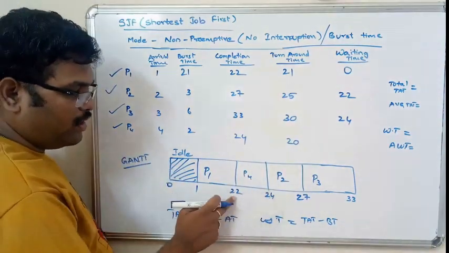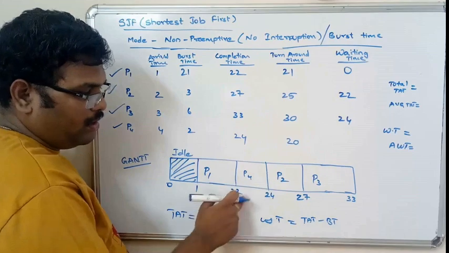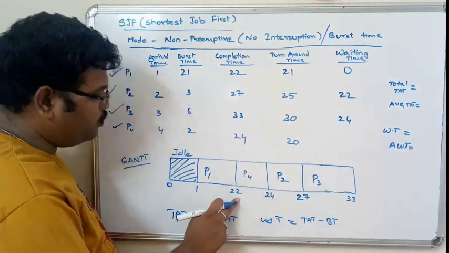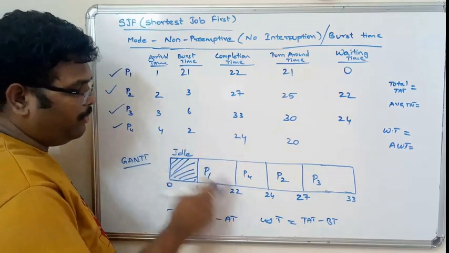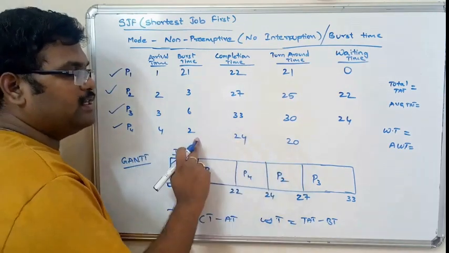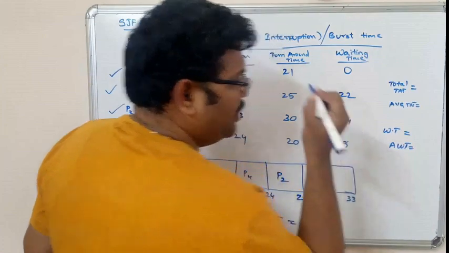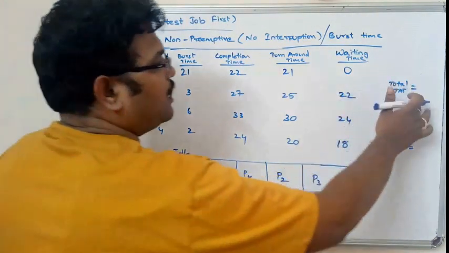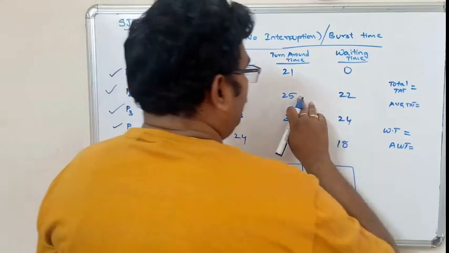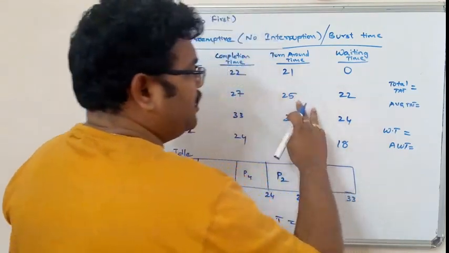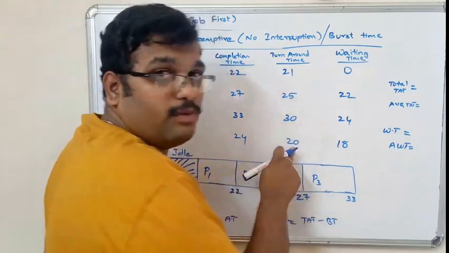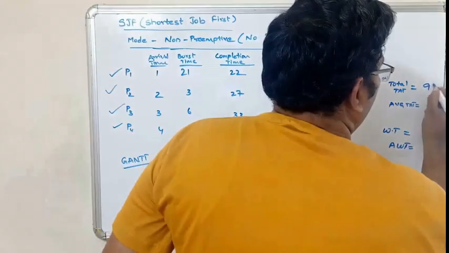Next, P4. So P4 enters into the CPU, assigned to the CPU at 22 and it arrived at 4. 22 minus 4, 18. So 20 minus 2, 18. So this is the waiting time for all these processes. So now total turnaround time: 21 plus 25, it's 46. 46 plus 30, 76. 76 plus 20, 96.